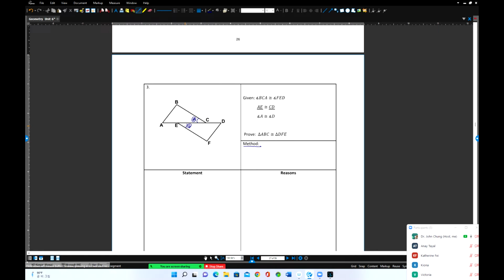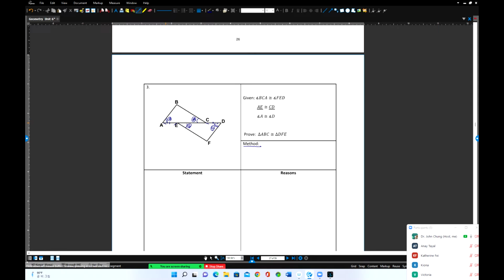And AE congruent to CD, right? AE this side congruent to CD or this side, but this is not complete, okay? The next one, angle A, angle D, angle A, angle D congruent. Yeah, this is angle, side, angle congruent.